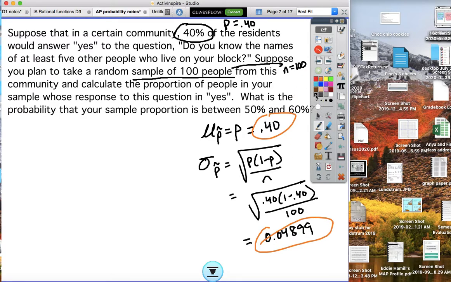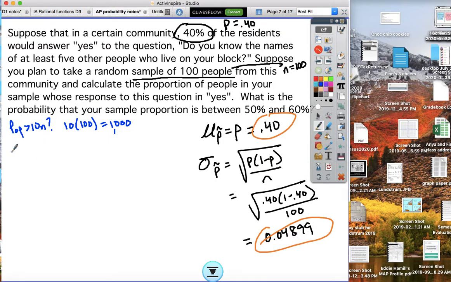We should always check our conditions. I'm just going to do them real quick. Is the population more than 10 times the sample size? Our sample size is 100, so 10 times 100 is 1,000. Is it safe to say that there are 1,000 people in this community? Yeah, I think that would be safe to say.